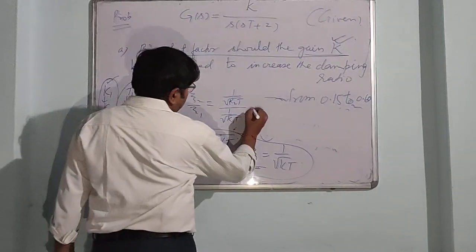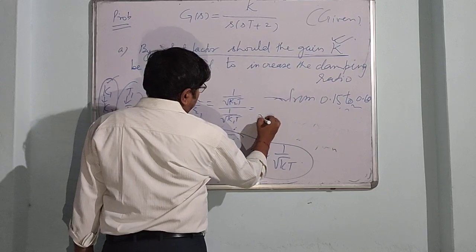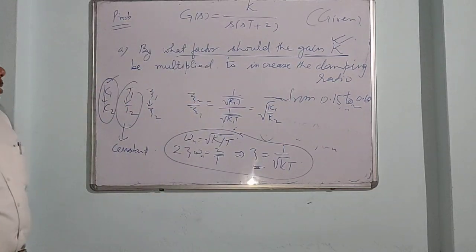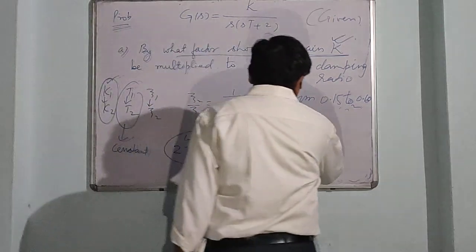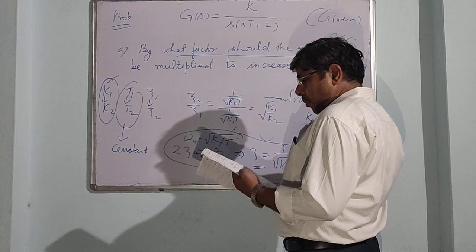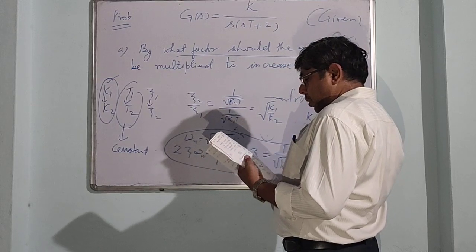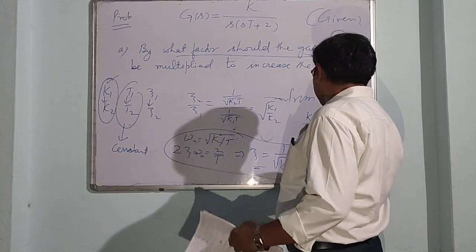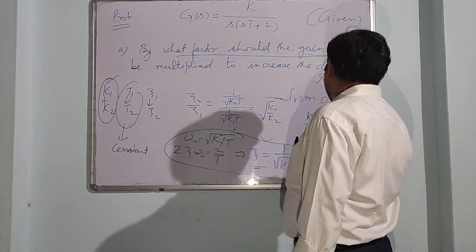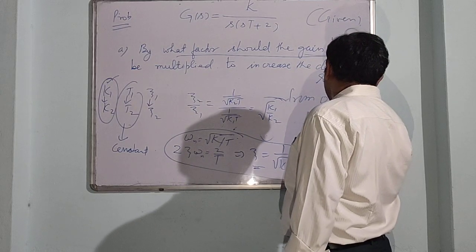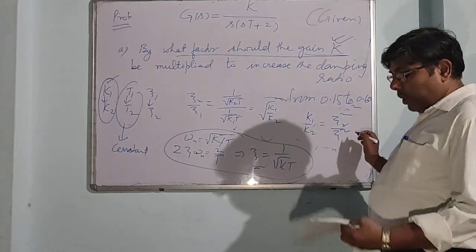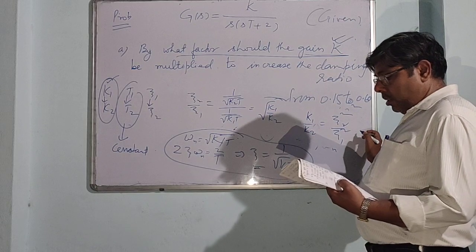Then this is under root K1 upon K2. So K1 upon K2 is zeta 2 square upon zeta 1 square, and you can calculate this.